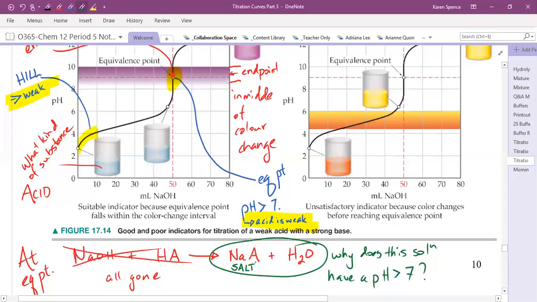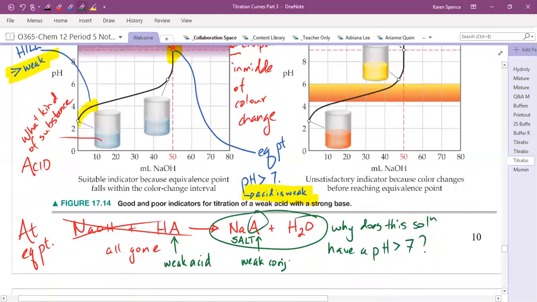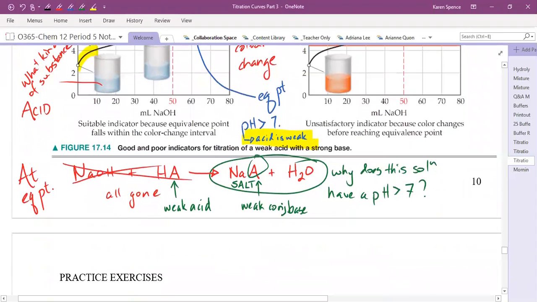And if you had a weak acid, you will also be producing a weak conjugate base, and you will have hydrolysis.